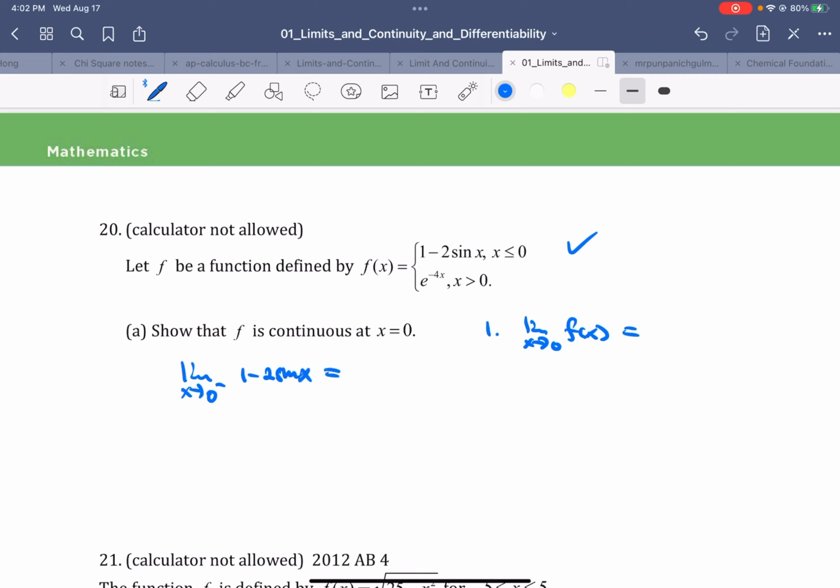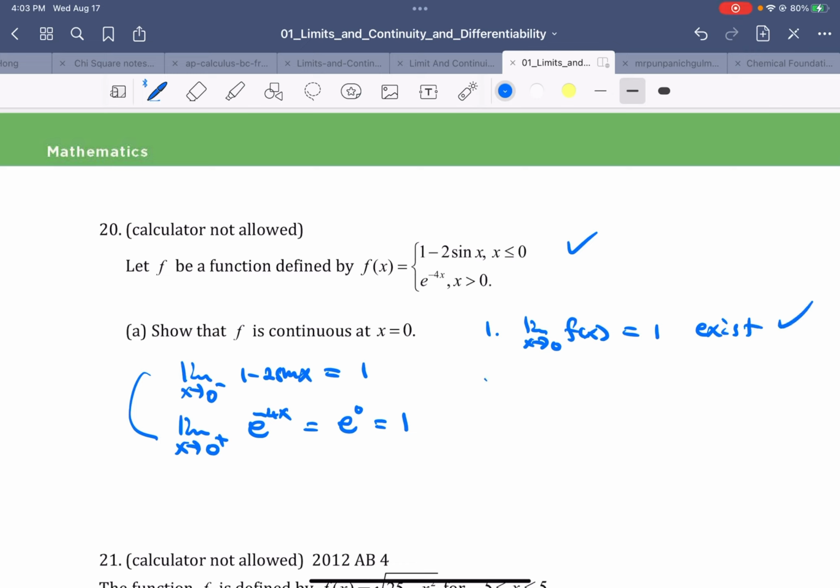When you plug in 0 into sine x, so that's a 0. Sine 0 is a 0, so 1. Now, right hand side limit, x approaches to 0 from positive side, e to the negative 4x. So when you substitute 0 into x, e to the 0 is 1 also. So they matches. So that means, yes, this is 1 and exists.